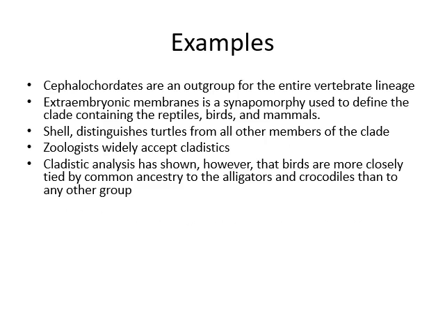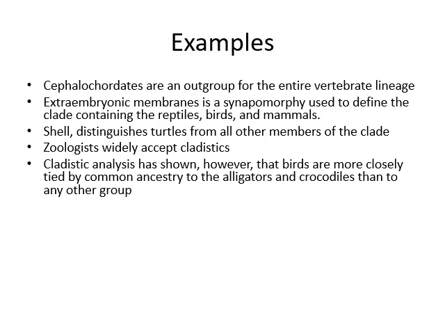For example, cephalochordates are an outgroup for the entire vertebrate lineage. If you consider the chordates, then cephalochordates are different from vertebrates, but are present in the chordates because they have no notochord. So the cephalochordate is an outgroup if you consider the vertebrate chordates.